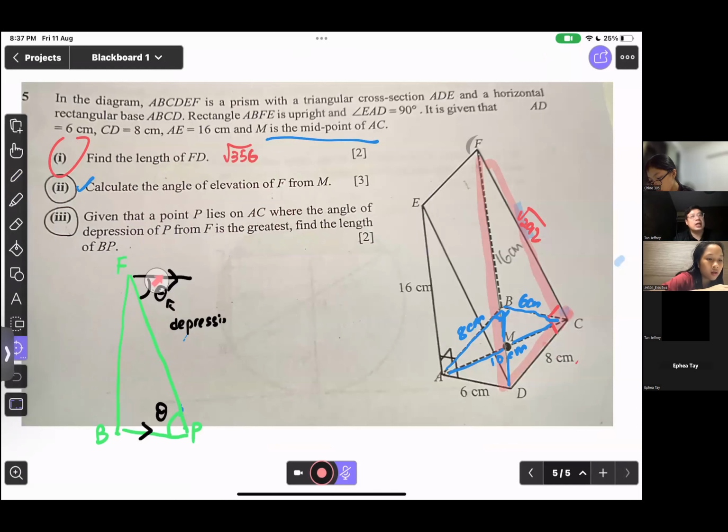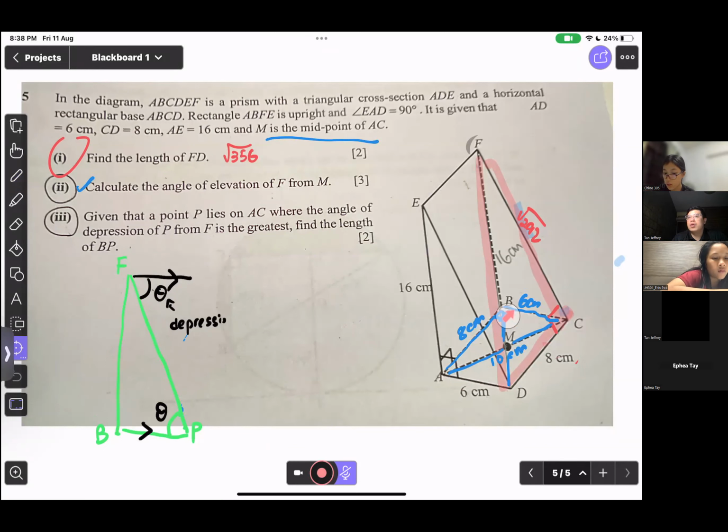They are talking about the angle of depression of P from F. So your P is actually somewhere here. Remember, if I want to find the greatest angle of elevation or the greatest angle of depression, be as near to the movie screen as much as possible. The nearer you are to the movie screen, the more you need to raise your neck.